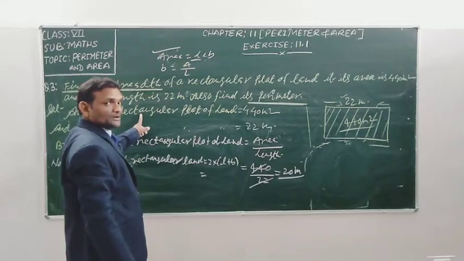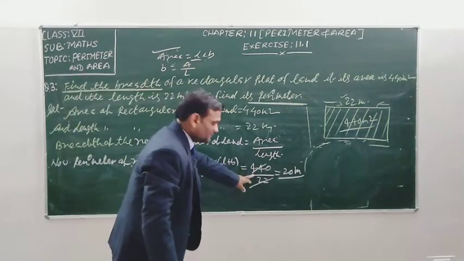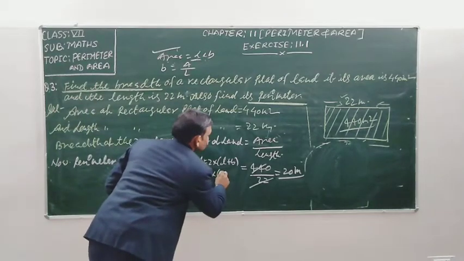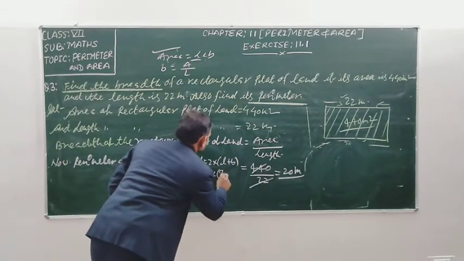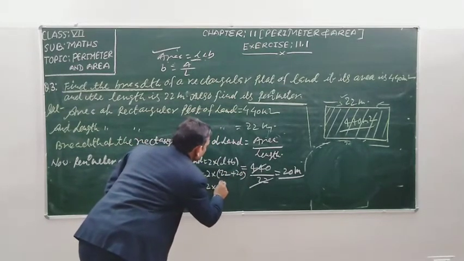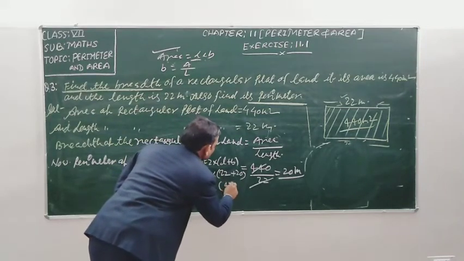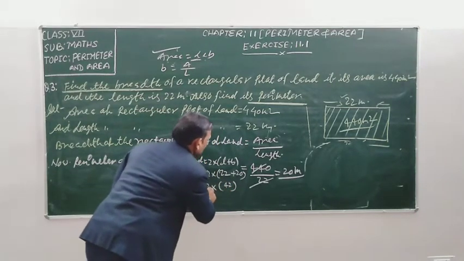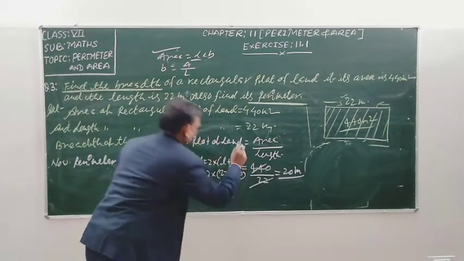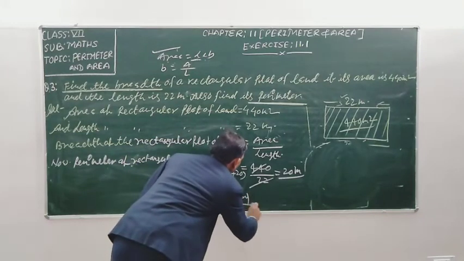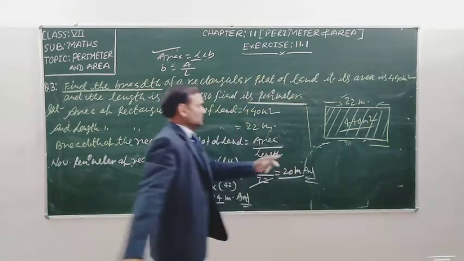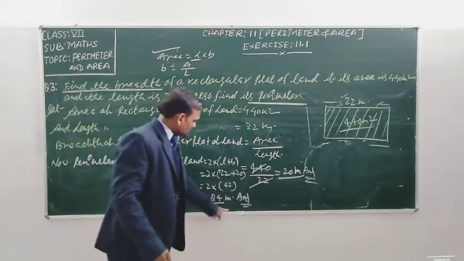Length is given in the question and breadth you have found, 20 meter, so you can find out the perimeter easily. 2 into 22 plus 20, that is 42, and when you multiply by 2 you get 84 meter. This is my second answer. This is my first answer. 20 meter is the breadth and perimeter is 84 meter.